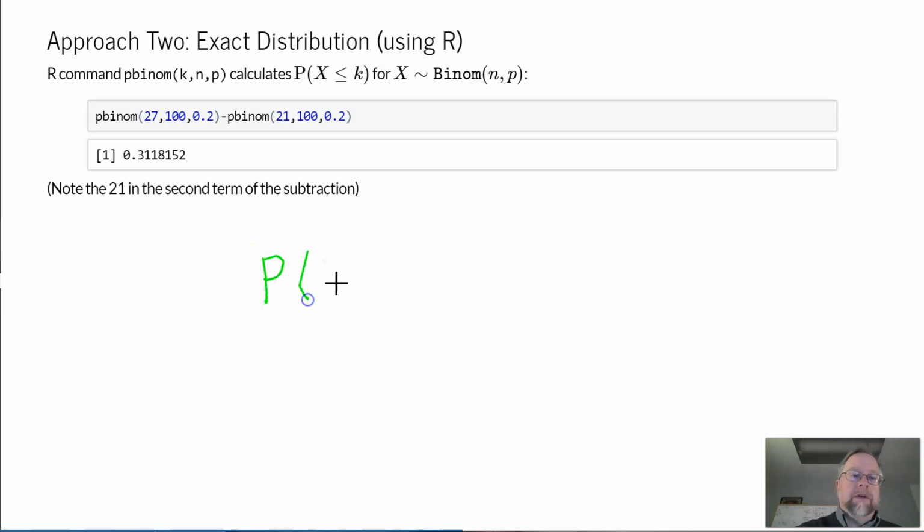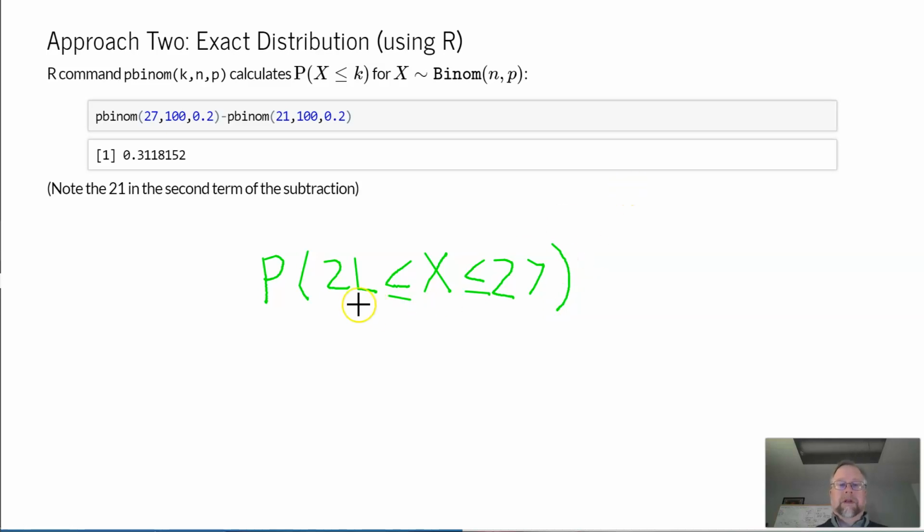Probability of landing between 22 and 27. And I apologize for how poor that looks.